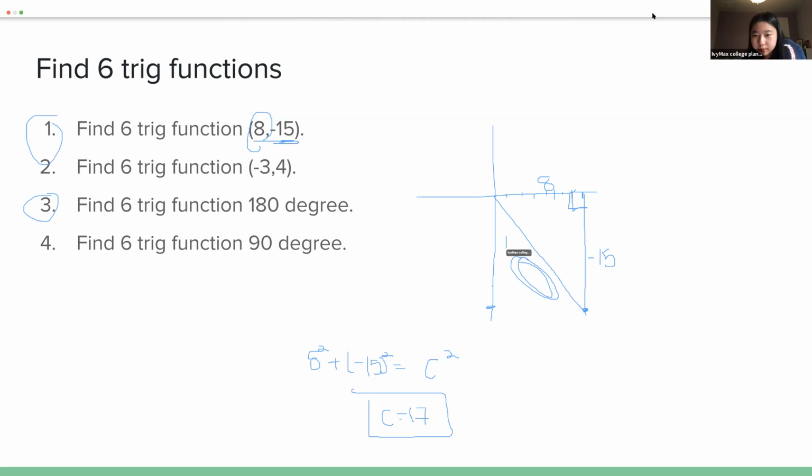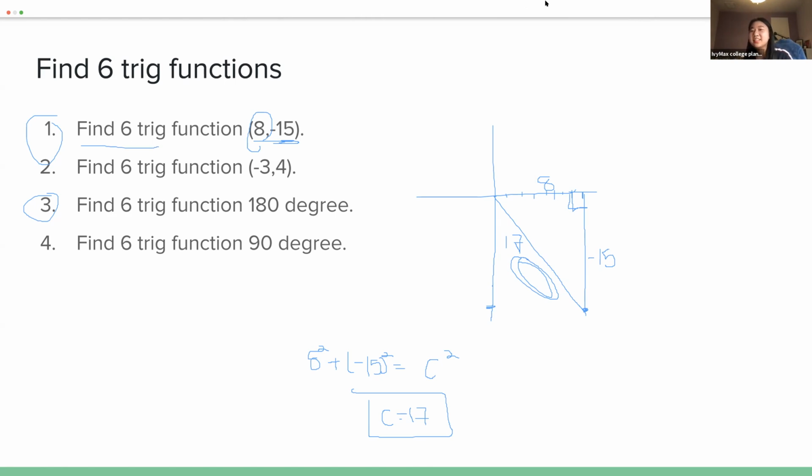What this means for the 6 trig functions is you need to solve for sine, cosine, tangent, cosecant, secant, and cotangent.